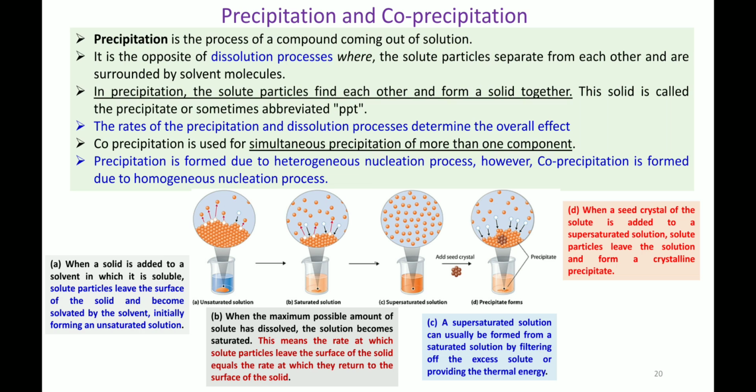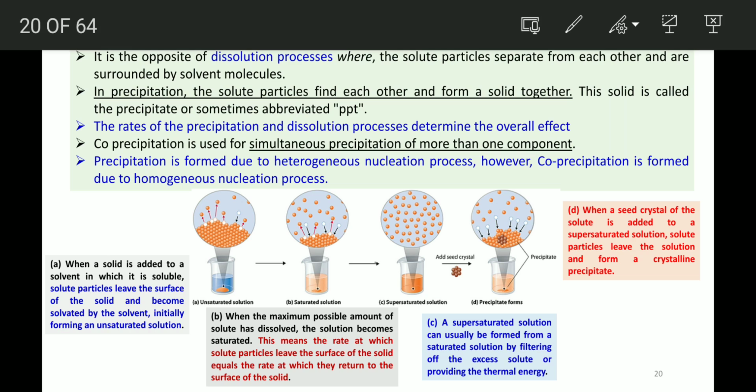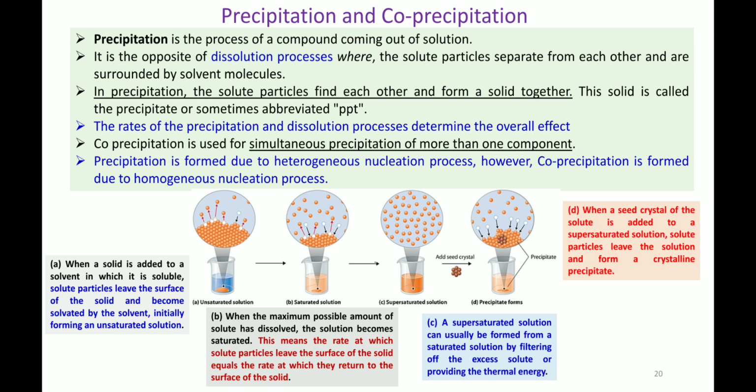So this is called a precipitate, or sometimes it is abbreviated as PPT. PPT is a short form of precipitation, so both are the same. You can call it a precipitate, or you can also call it a PPT.